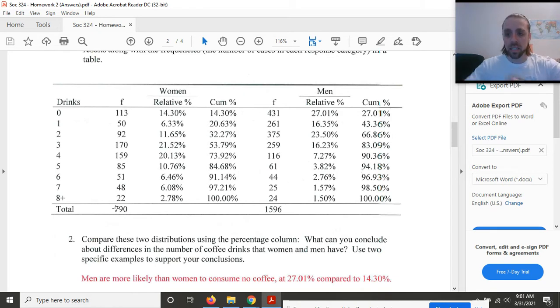The big thing being tested here is: is it appropriate to make comparisons between these two groups based on the information that was given to you on the first page of the homework? The answer is no, it's absolutely not, because the Ns are so different. We have almost twice as many men in this sample as women.